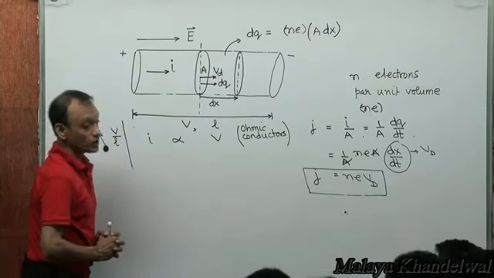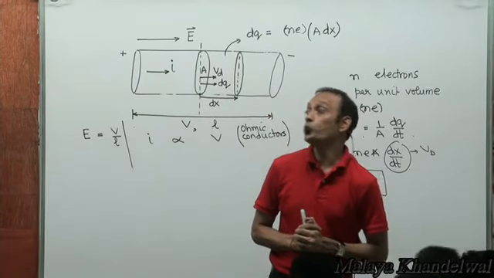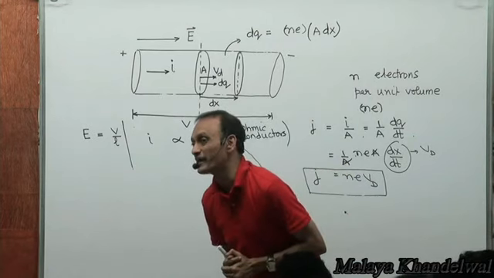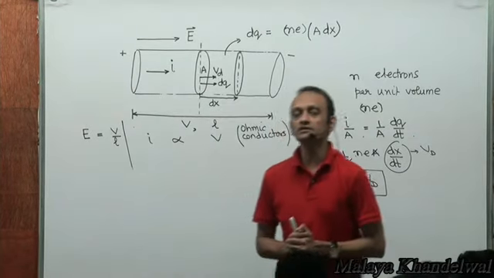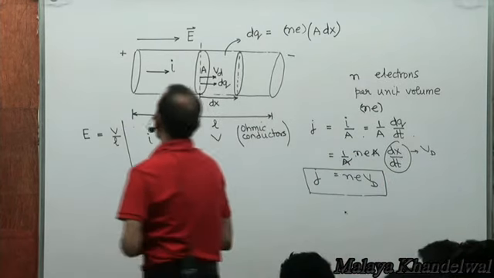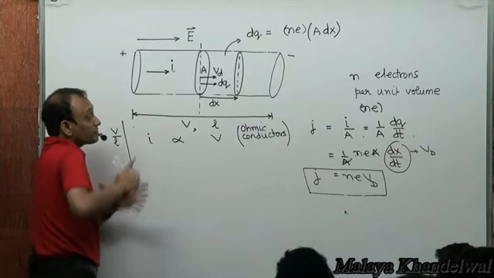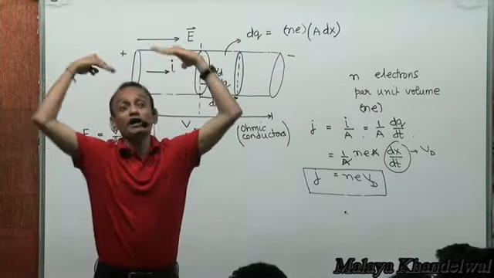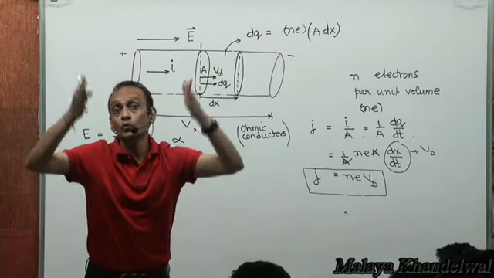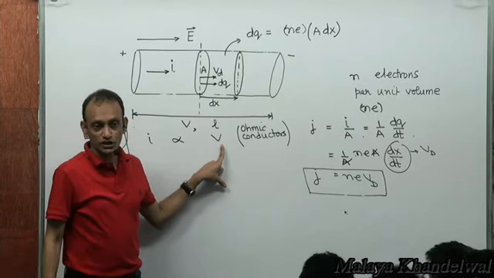Again, there is no guarantee that every conductor, once ohmic, will always be ohmic. It may not be ohmic always. The same conductor, if I operate at higher temperatures, will not show a proportionality between current and voltage.